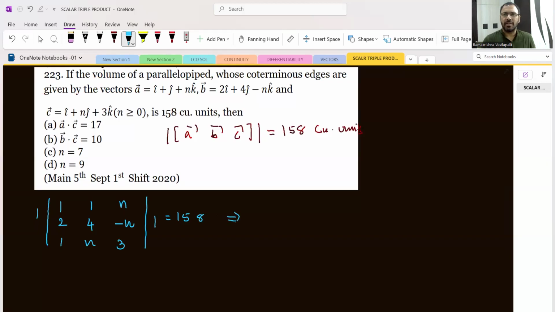Questions are not at all difficult. They are just simple applications of determinants. Once you know the concepts fully, then you can solve the questions. So here this is 1 into 4 into 3, 12, plus n square, minus 6 plus n, and plus n into 2n minus 4. This is modulus, of course. This is equal to 158.